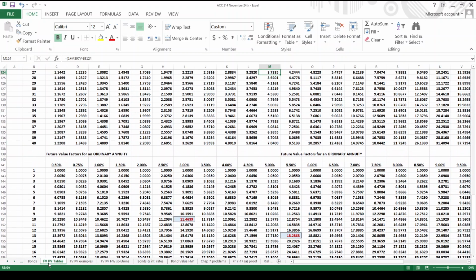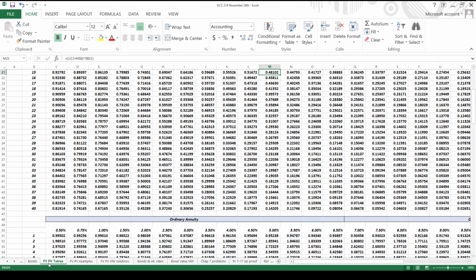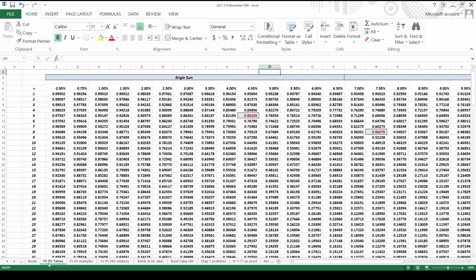This is the chart that's embedded in this gigantic spreadsheet at this point, right? This look familiar, 92593. Those are the numbers.